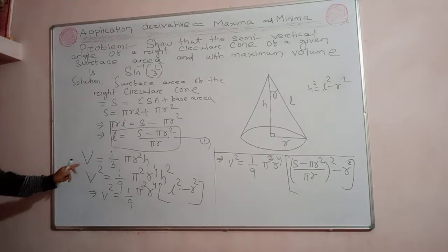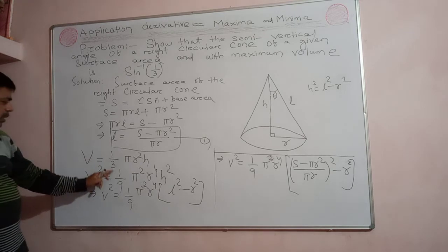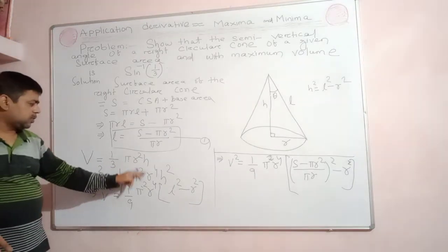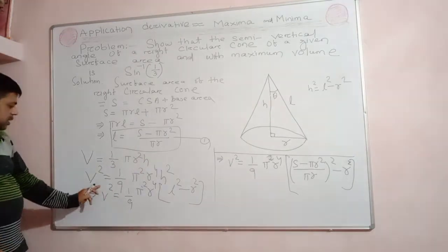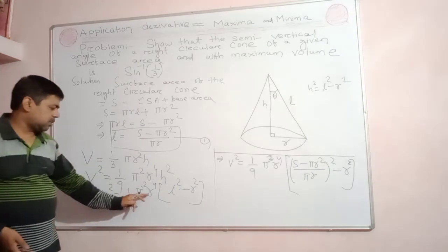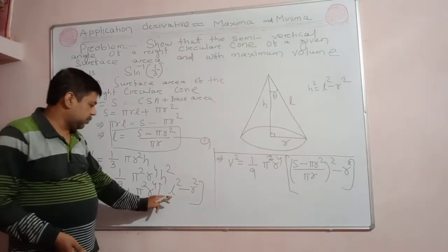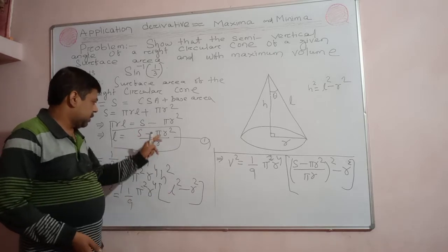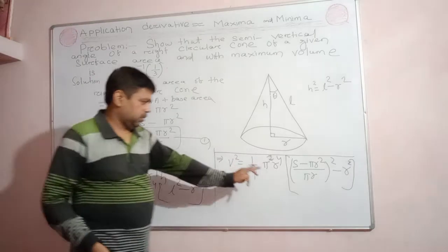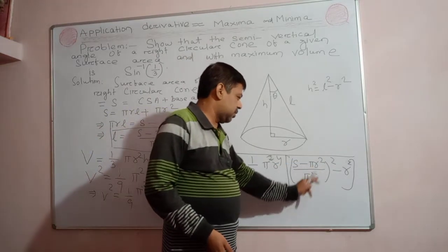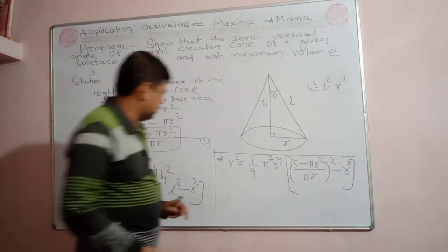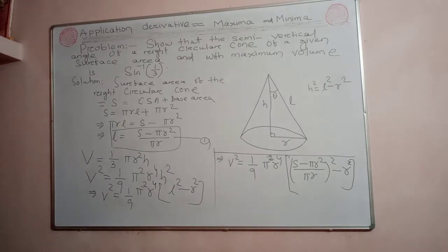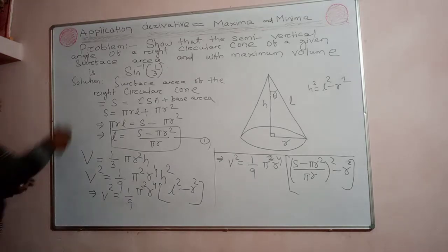Squaring on both sides, V square is equal to 1 by 9 pi square r to the power 4 h square. Replacing L with S minus pi r square by pi r, we get S minus pi r square by pi r whole square minus r square. Is it clear? Okay, note down.